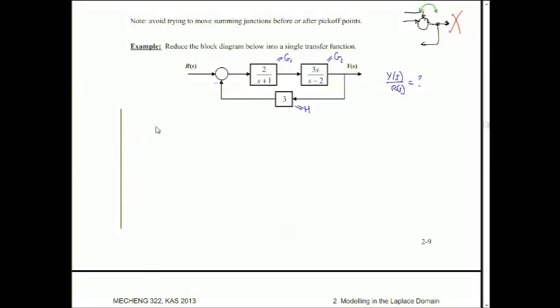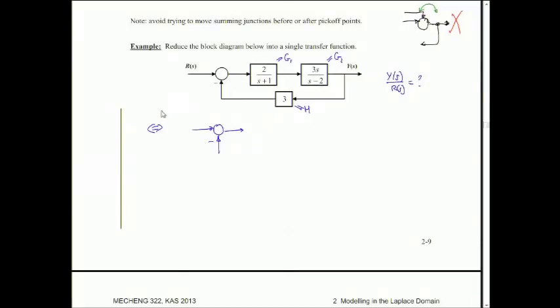So perhaps I could have one step here which combines these two blocks together, because they're in cascade, they're in series. If you combine those together first, then it would look like a simple closed loop transfer function.